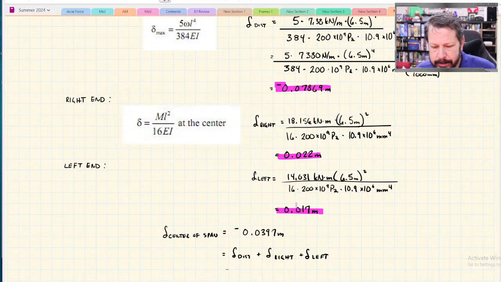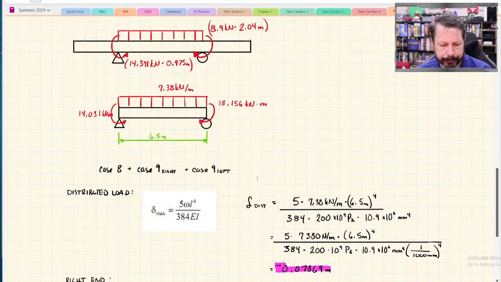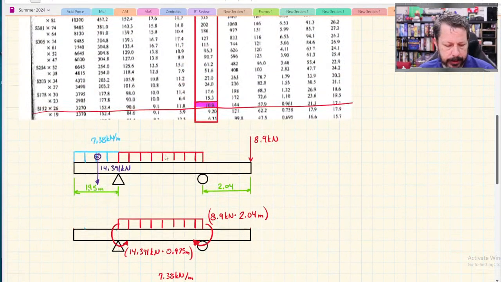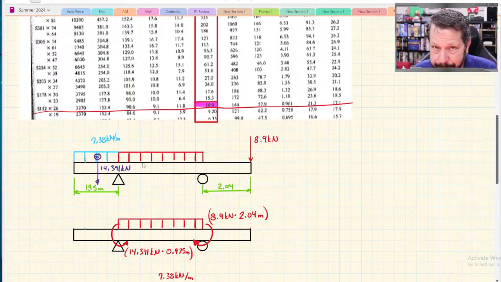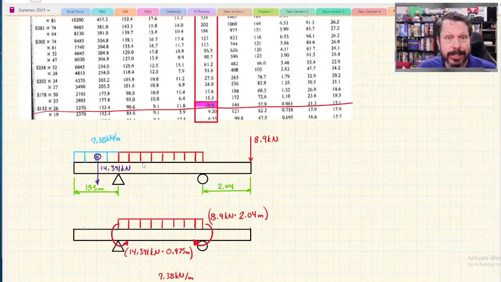And that's a piece of these deflection problems, because most of the time all the loads are pushing the beam down, so they're all negative, or you keep them all positive, or they're all the same sign. But this one has this blue distributed load and this point load that are pushing part of the beam down.